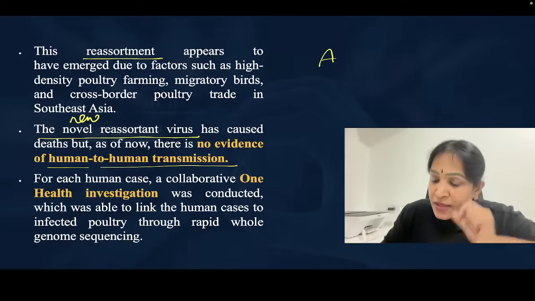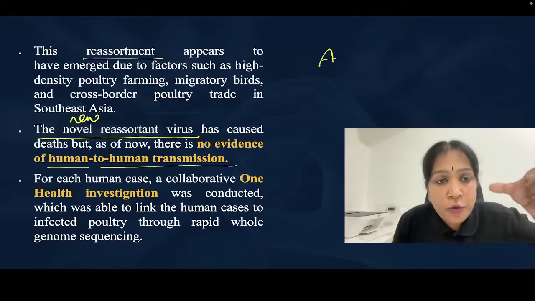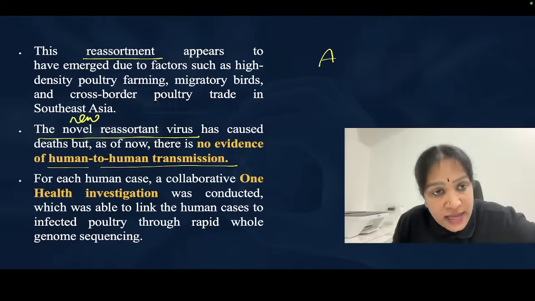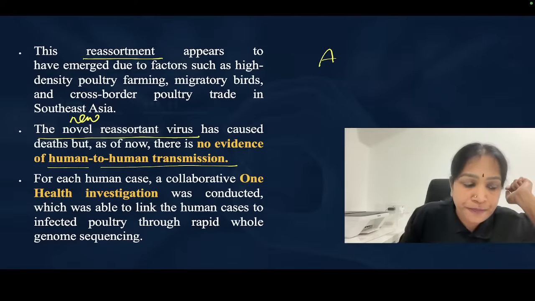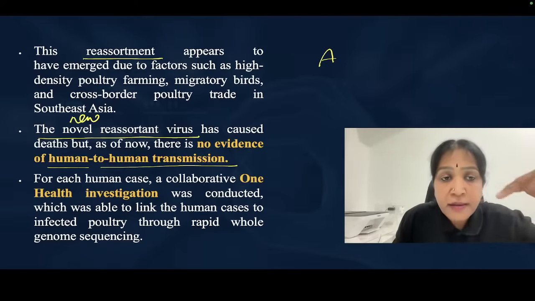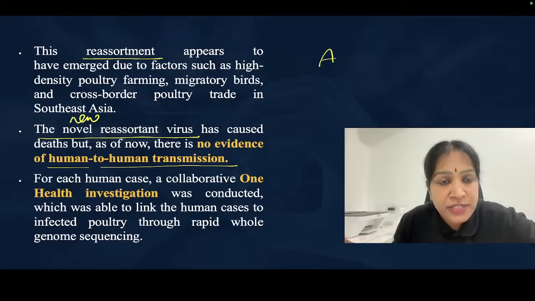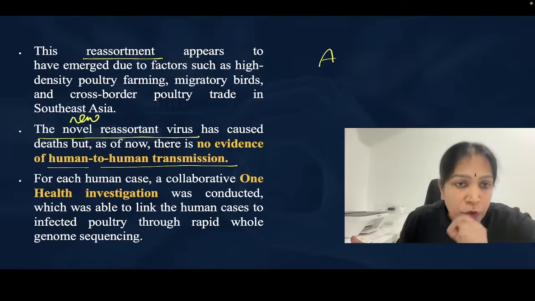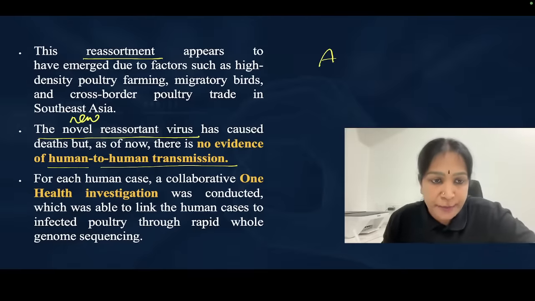Is it clear? So, do we have human cases of bird flu? Did some human beings get bird flu? And did some human beings die with this bird flu also? Yes, they died. They got the infection, they died. But is human to human transmission of this bird flu reported in any case? No, human to human transmission is not reported.